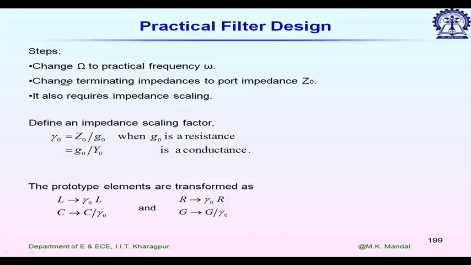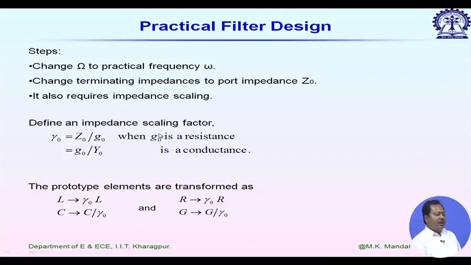In the example I was showing, fc equal to 100 megahertz. So, the practical steps: you first change capital omega to practical frequency small omega, then change the terminating impedance to port impedance Z0. Previously it was shown by g0 and g(n+1). It obviously requires impedance scaling.